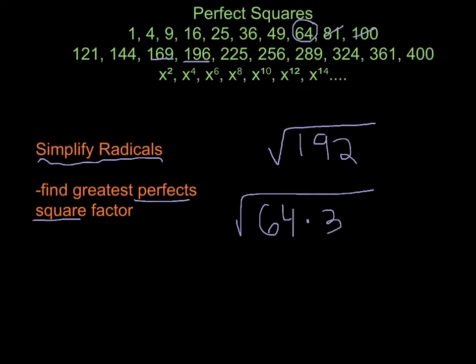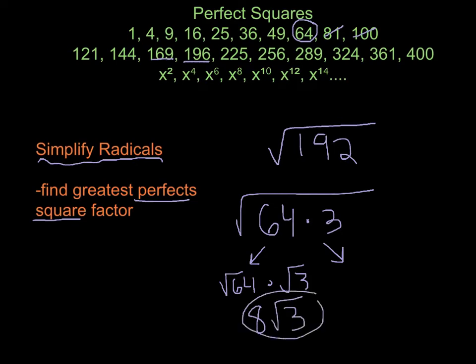And then you can take the square root of both of those. So you have the square root of 64 times the square root of 3. And the square root of 64 is our perfect square, and that's 8. So we have 8, and then we leave this as the square root of 3. So the square root of 192 simplified is 8 square root 3.